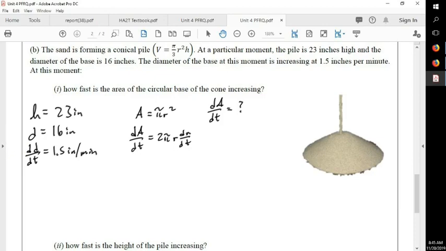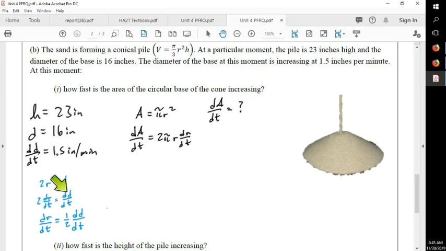Now this is extra stuff. I'm going to write extra stuff, so I'll use a different color. Because the radius is related to diameter, like so. And if we take the derivative with respect to time, we get 2 dr/dt equals dD/dt. So dr/dt is related to dD/dt by 1/2 dD/dt.